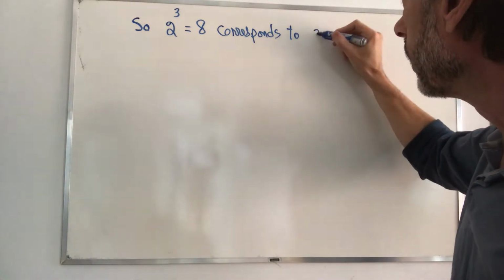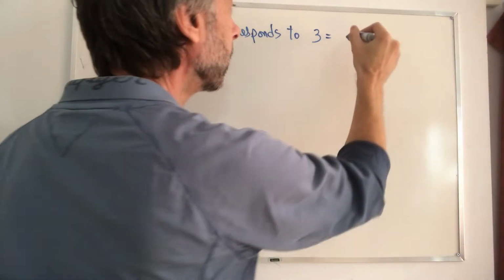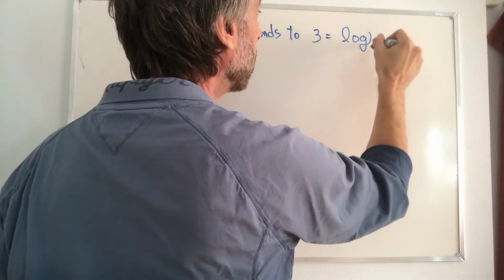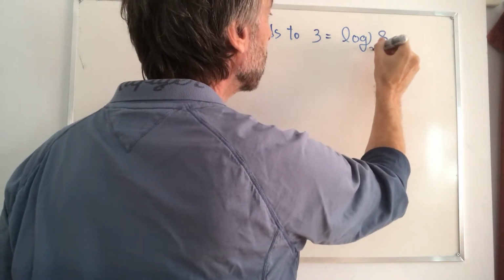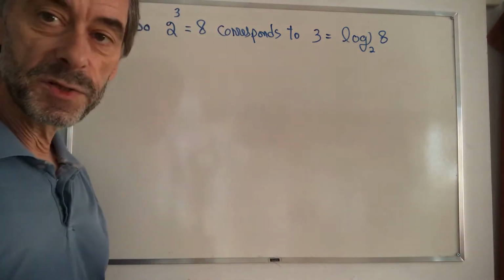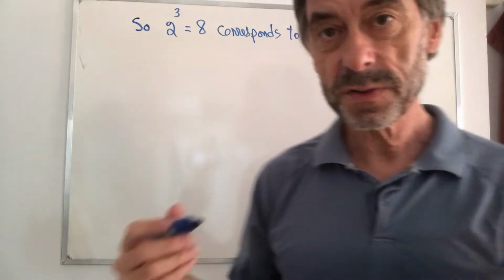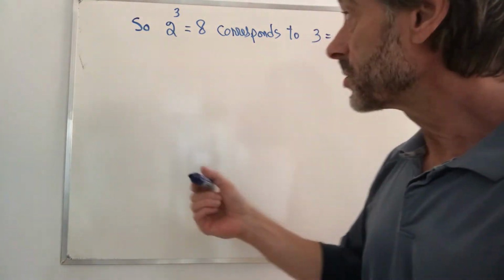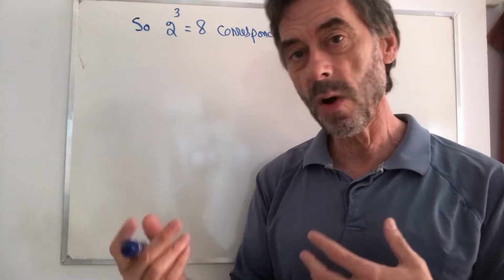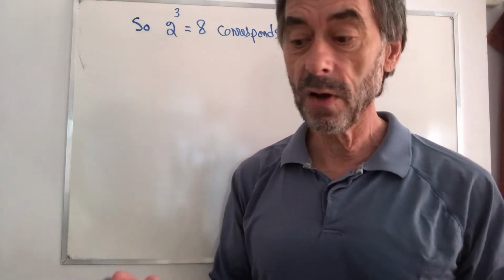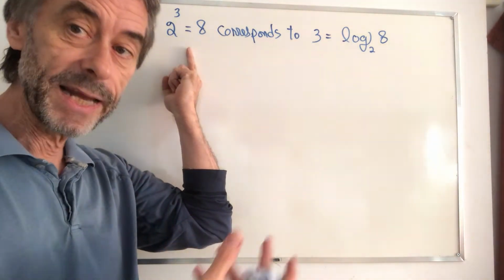That number 3 was equal to the log of 8 base 2. Those two expressions are talking about the exact same reality. So it will be convenient to have some sort of a transformation formula to go from one to the other, because after all, a log is nothing else than an exponential written differently.